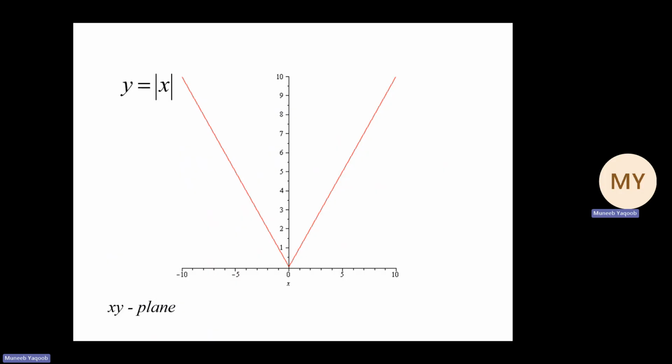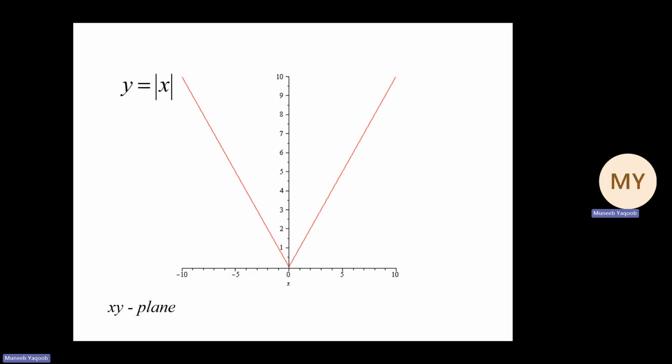So overall, we can say that if the equation was y equals x, then the left-hand side graph is to be drawn in the third quadrant. But because it is not the equation y equals x, rather it is y equals modulus of x, the graph which was below the x-axis was reflected about the x-axis and hence it became above the x-axis.